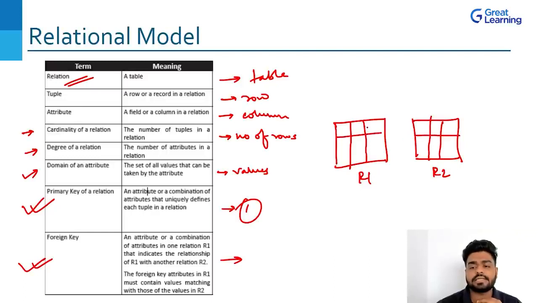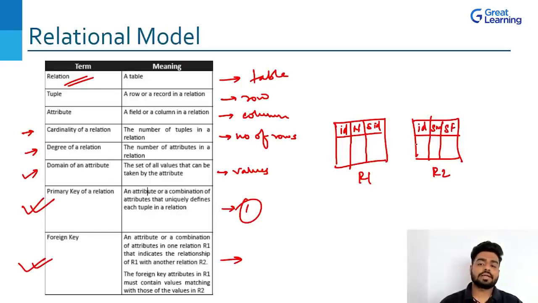Let's say that here we have the ID, name, and subject ID. And in this other relational table, we have the ID, the subject name, and the subject faculty, okay?